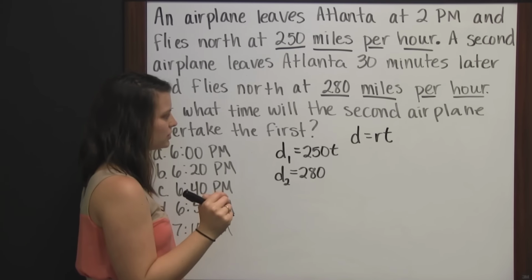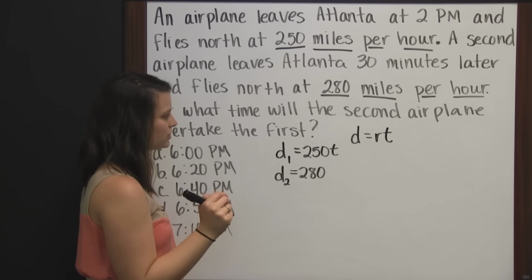So the second airplane won't have been flying as long as the first airplane when it catches up. It's going faster, and it left 30 minutes later. So however long the first airplane has been flying, the second one will have been flying that time minus 30 minutes, since it left 30 minutes later.